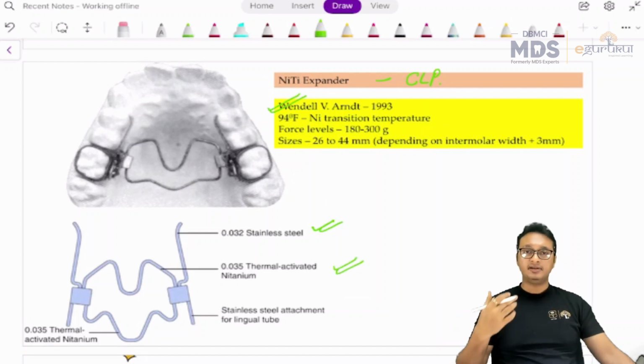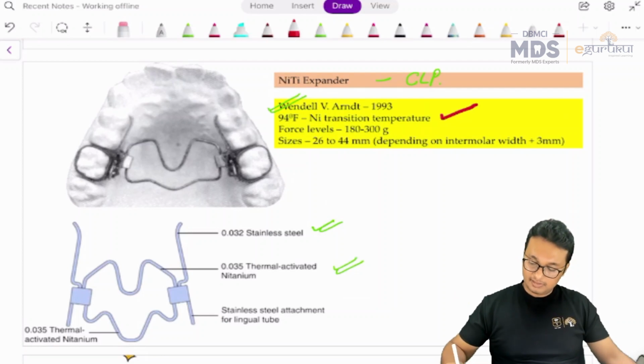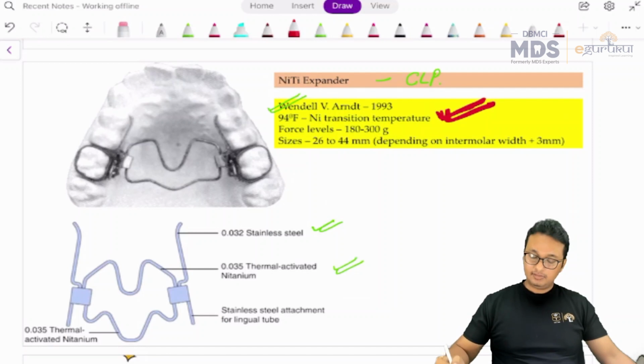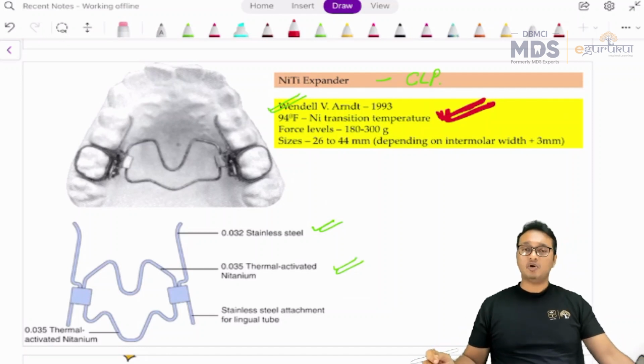Then it is inserted in the patient's mouth, which makes use of nickel transition temperature, that is of 94 degree Fahrenheit, or the normal mouth temperature is around 37 degrees Celsius.